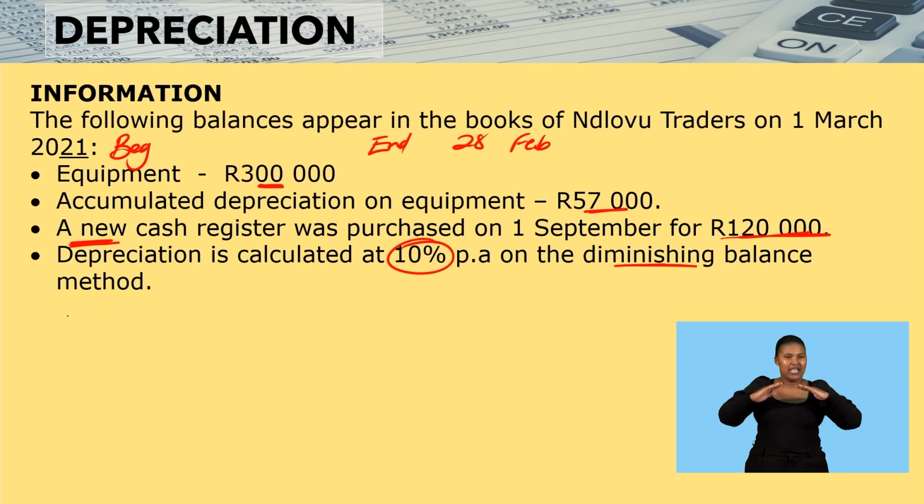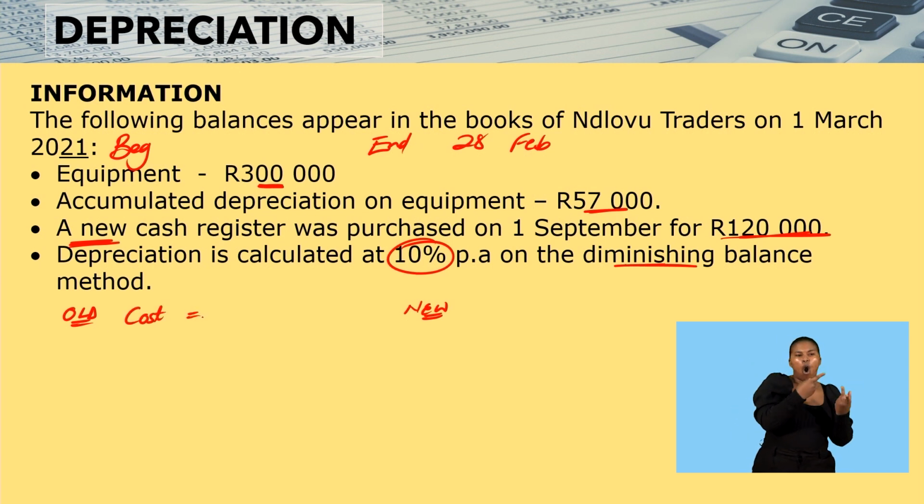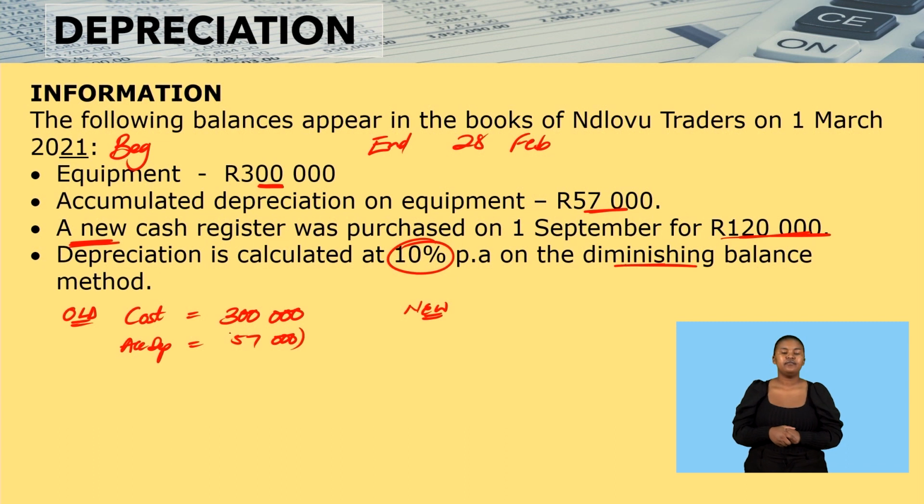So it means we have an old asset as well as a new asset. Let's start with the old. The old one has a cost price of 300,000, and accumulated depreciation of 57,000.